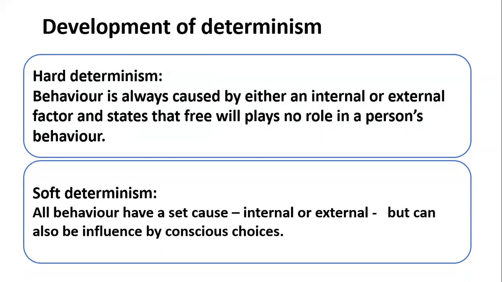Now, soft determinism means that all behavior has a set cause, just kind of like hard, either internal or external. And that's where it's similar to hard determinism. All behavior has a specific cause, be it internal or external. But there is a but on this one. But it can also be influenced by conscious choice.